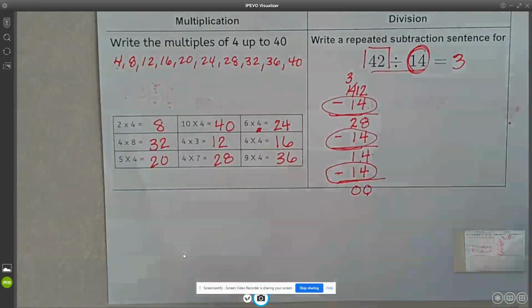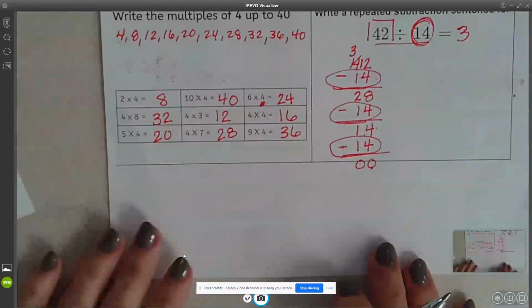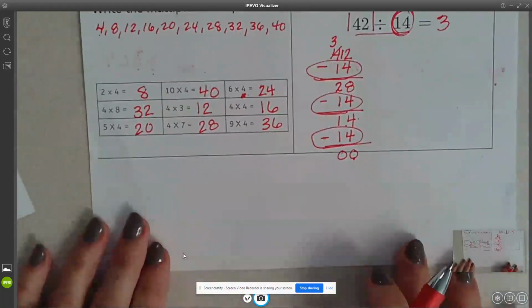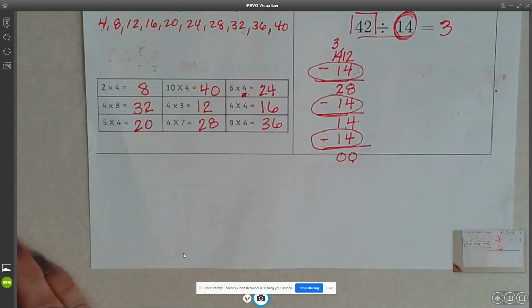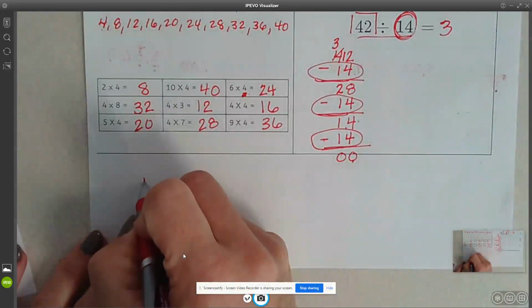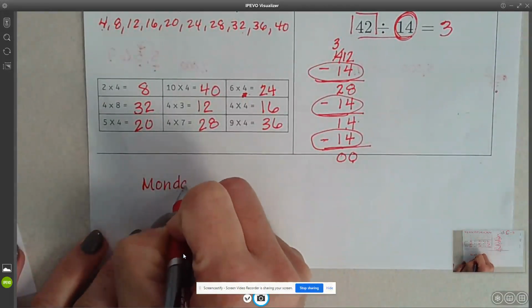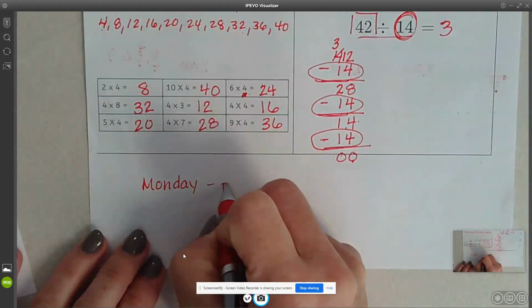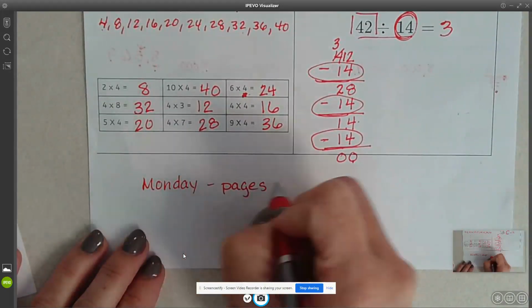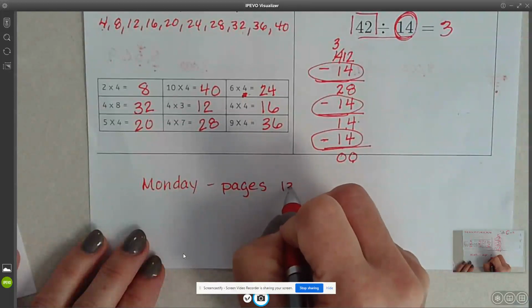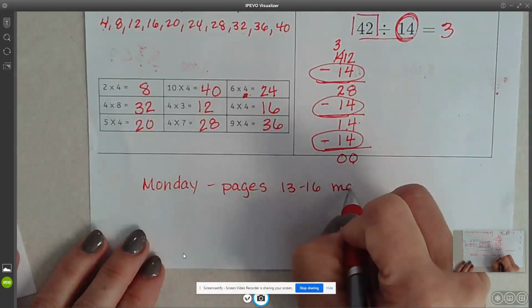Okay, if you are at home on quarantine at this point, I do apologize because we will not have a Google Meet today. I'm going to be out of the building both today and Tuesday. So I will post your stuff in Google Classroom that you need to work on. But for Monday, this is today, you are going to do pages 13 through 16 in your math book.